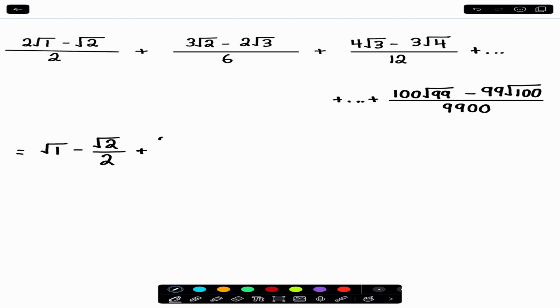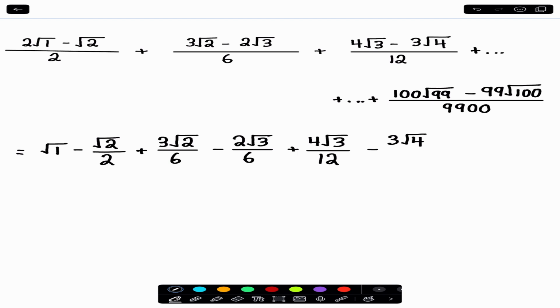And then we're going to split this fraction up as well. 3 root 2 over 6 minus 2 root 3 over 6. And we're going to keep going. So we're going to split this up. And it might not look like we're doing much right now, but just bear with me.